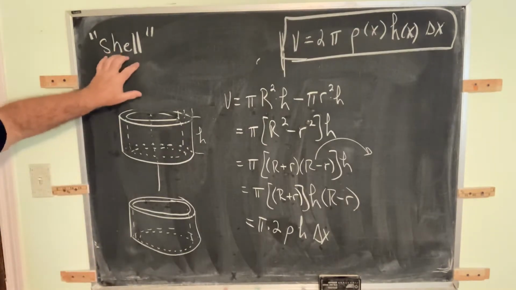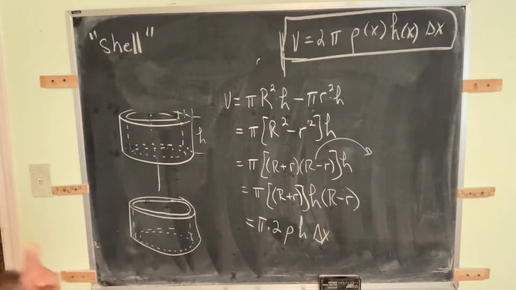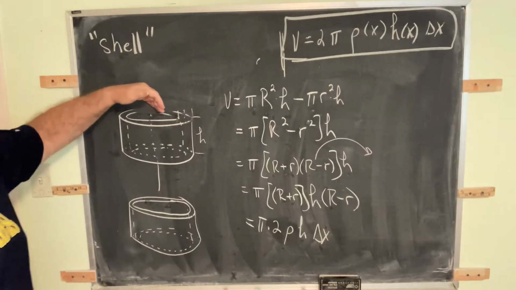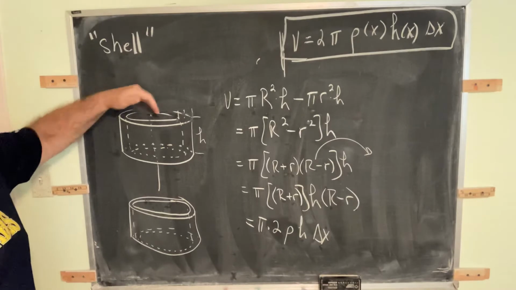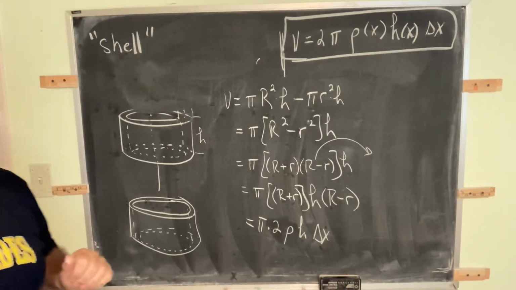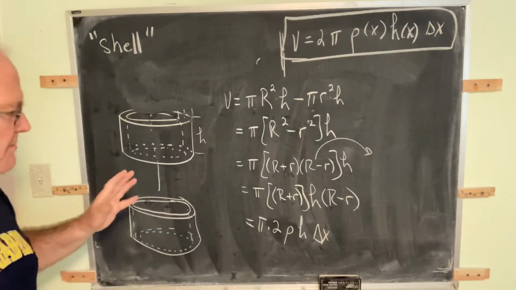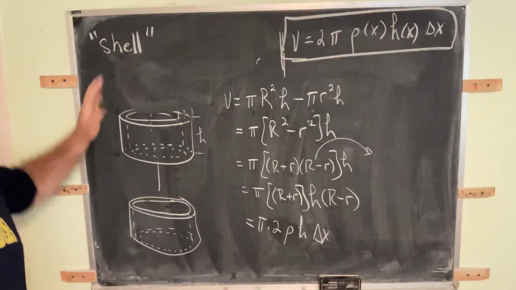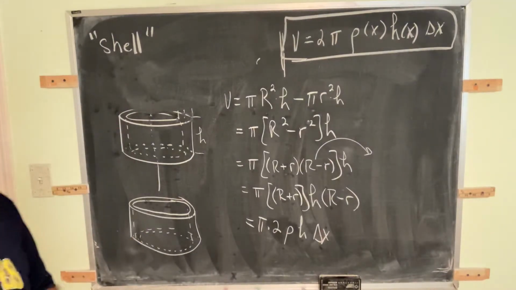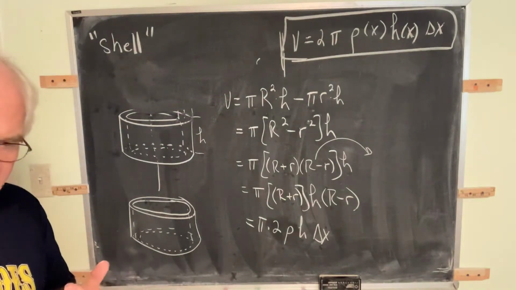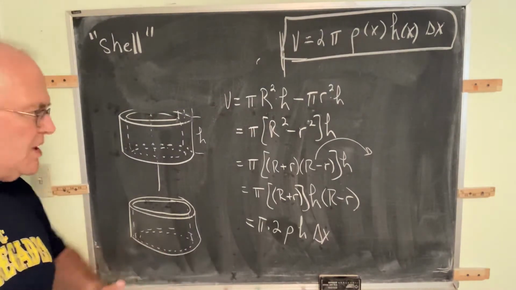So this is the shell method. The reason we have several ways to do this is that certain problems, and we'll see this, lend themselves to one method or the other. Some problems, if you do the shell method, are relatively straightforward. It can be done with a single integral. Whereas if you try to do the same problem with the disk or the washer method, it might not be feasible because of some solving issue.